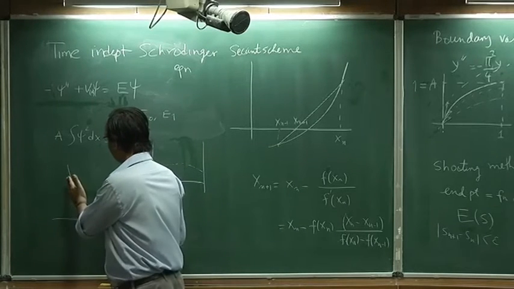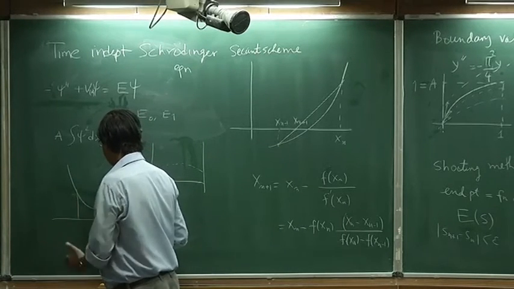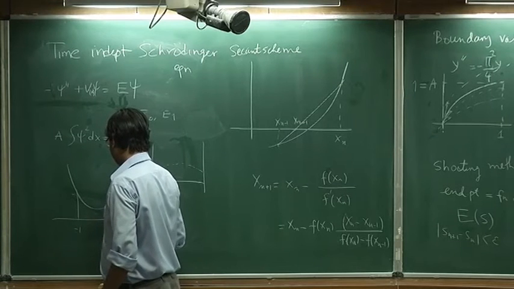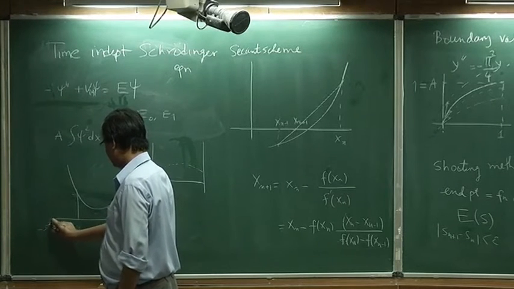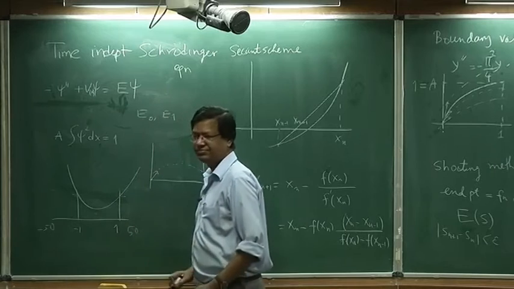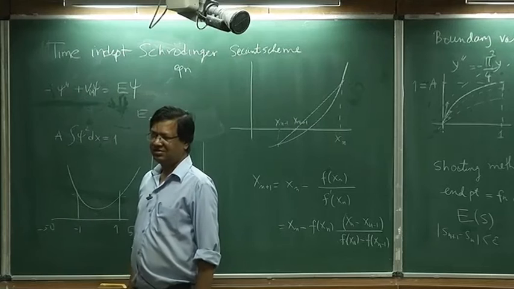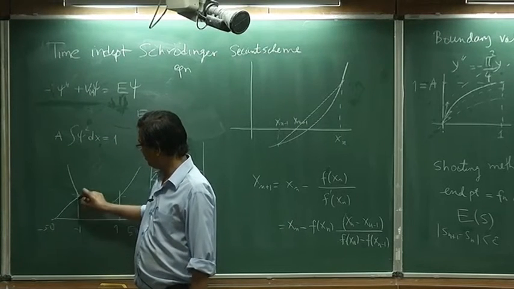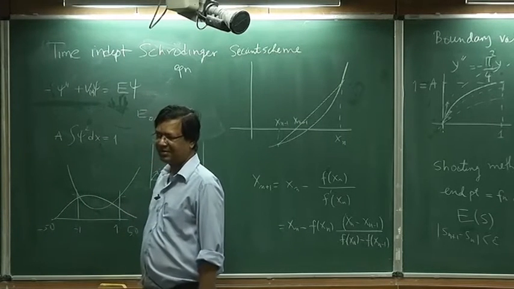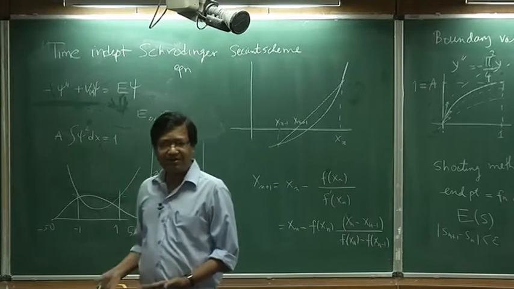But if my energy is such that I am bounding between minus 1 and 1, then minus 50 is good. Okay. So start from there and assume the wave function to be 0 and shoot. So it will go like this.